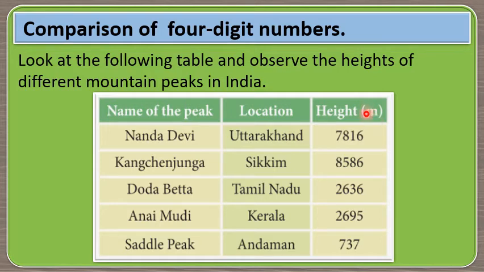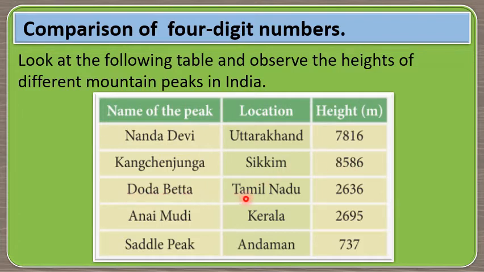Here M in the brackets represents meters, which is the unit of height. Kanchenjunga is the name of mountain and its location is in Sikkim. Height of Kanchenjunga is 8,586 meters.